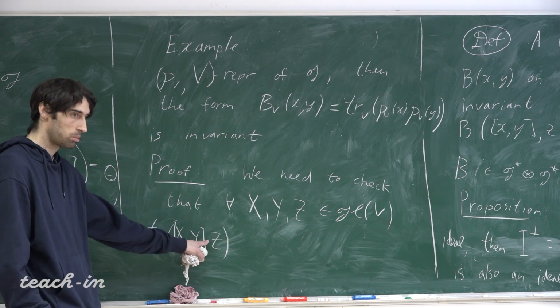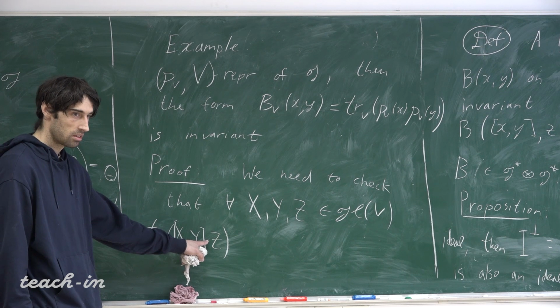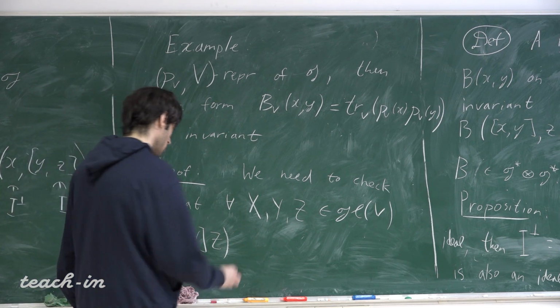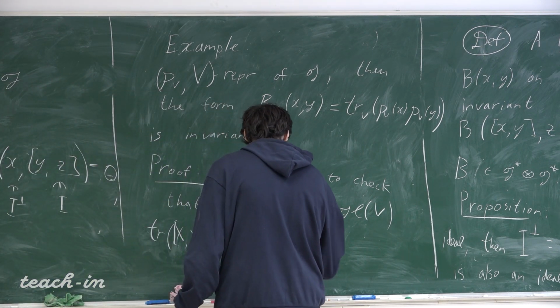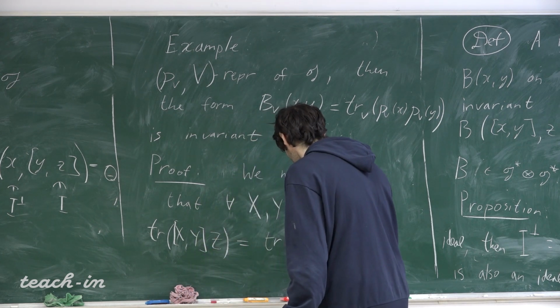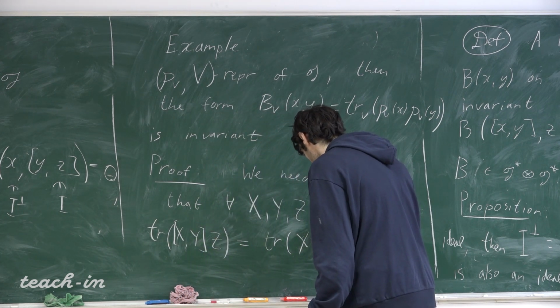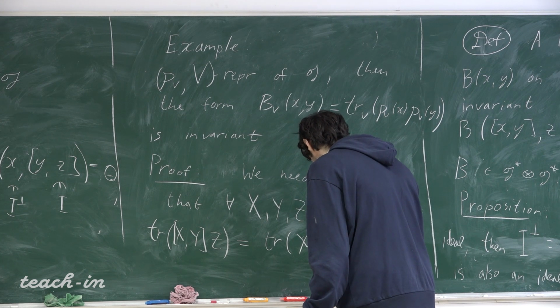So here it's a multiplication of matrices, and this is a commutator of matrices, equals the trace of X times the commutator of Y, Z.